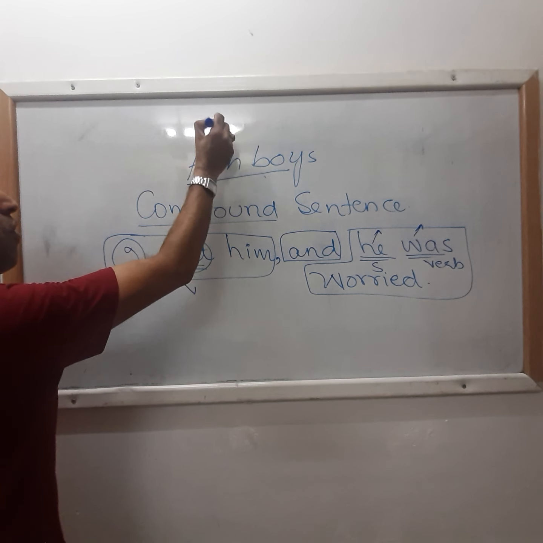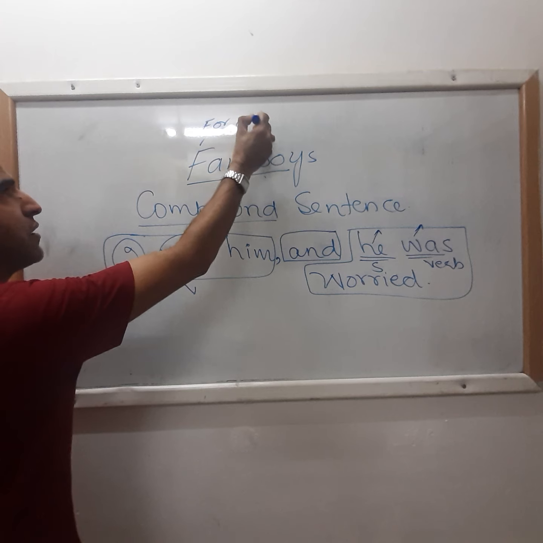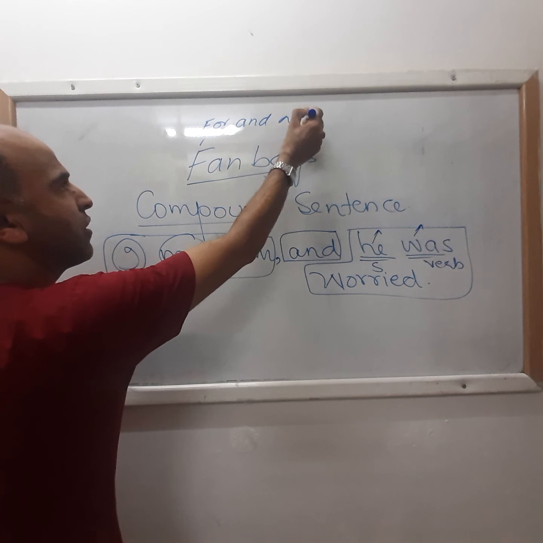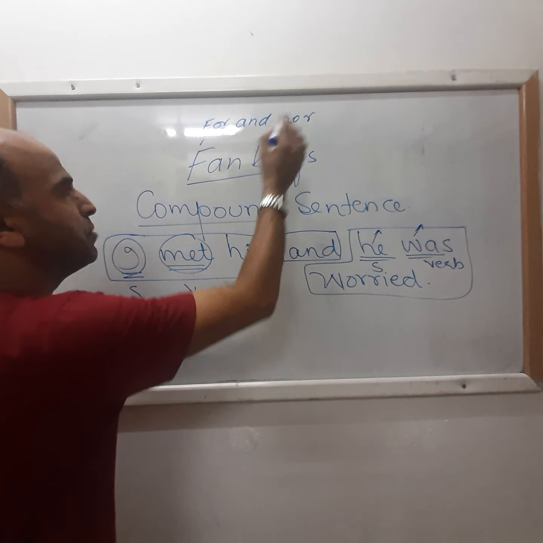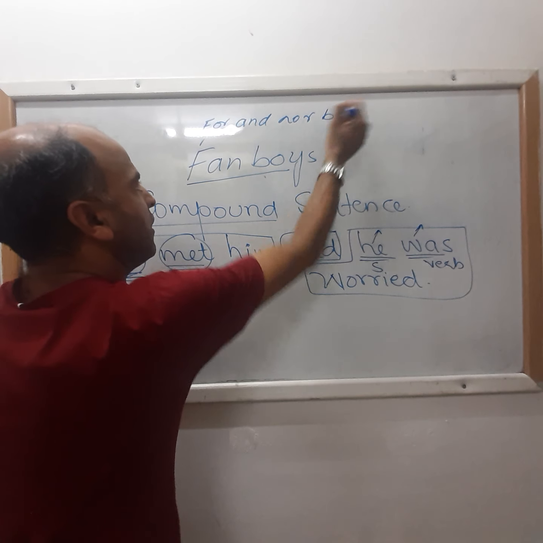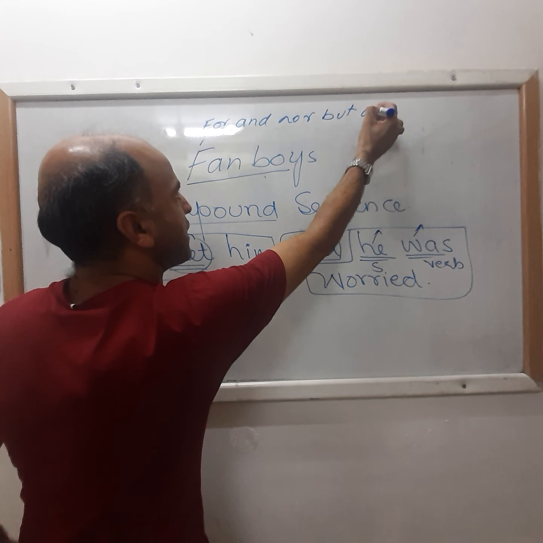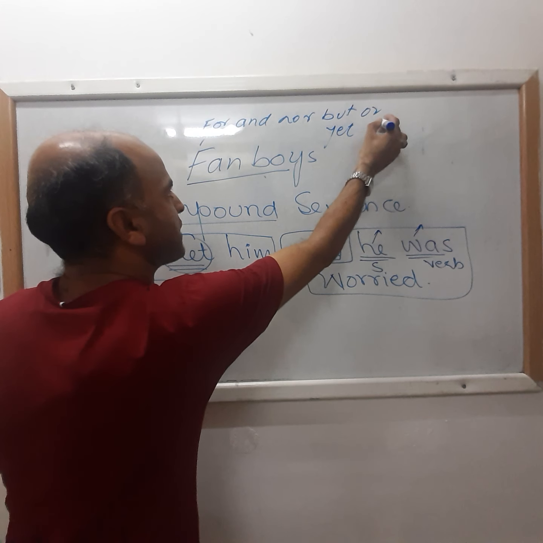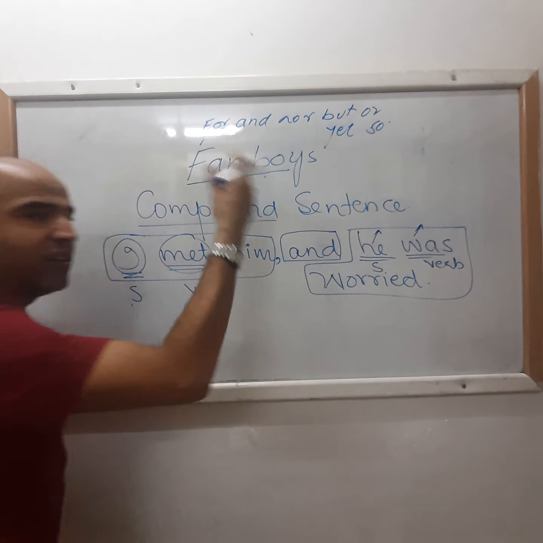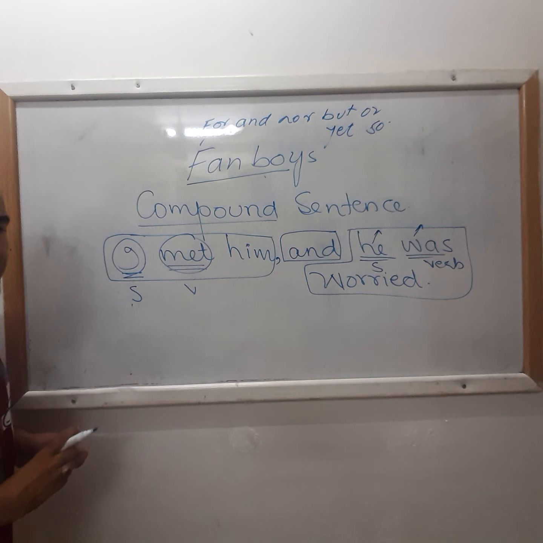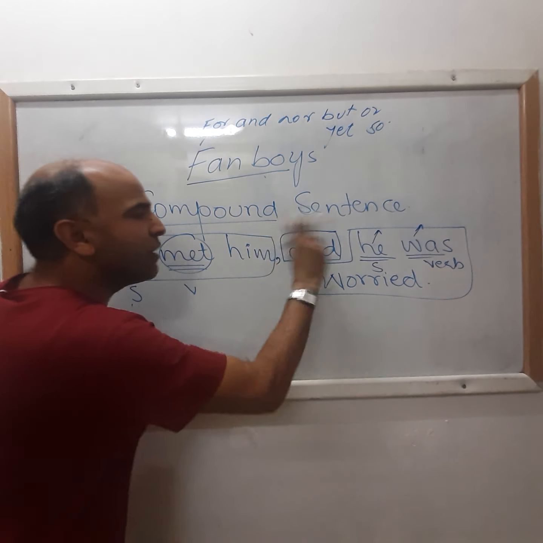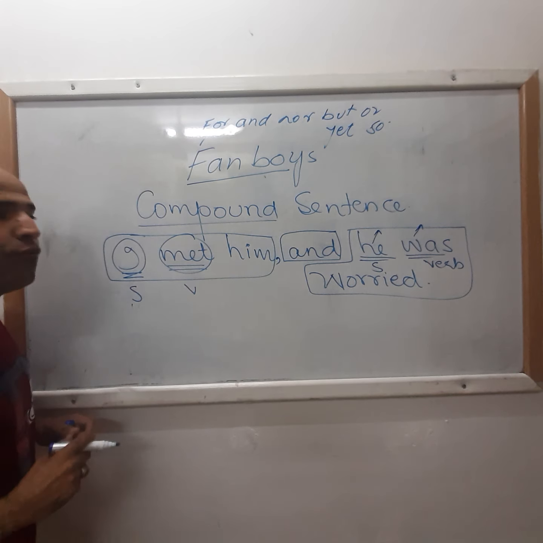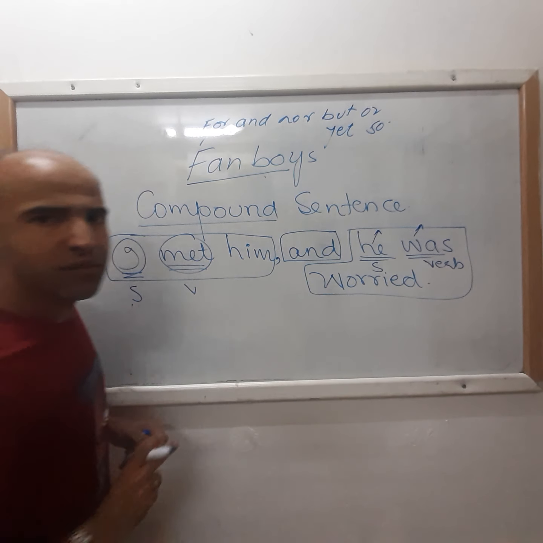F stands for for, A stands for and, N stands for nor, B stands for but, O stands for or, Y stands for yet, and S stands for so. So these are the seven coordinating conjunctions which join two independent clauses and form your compound sentence.